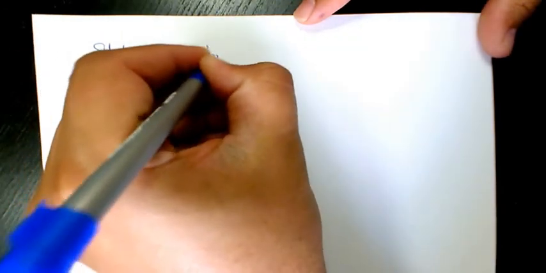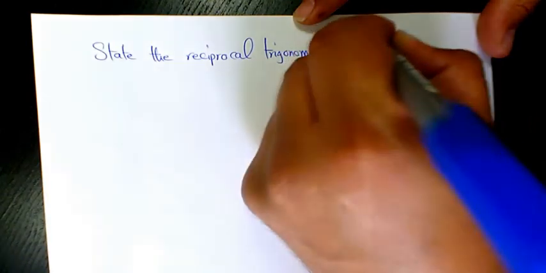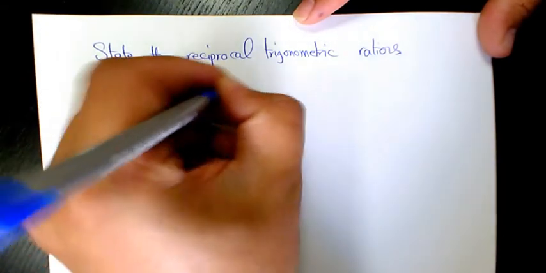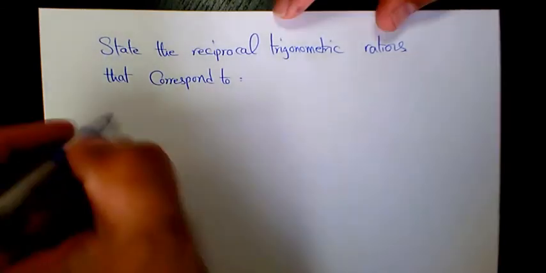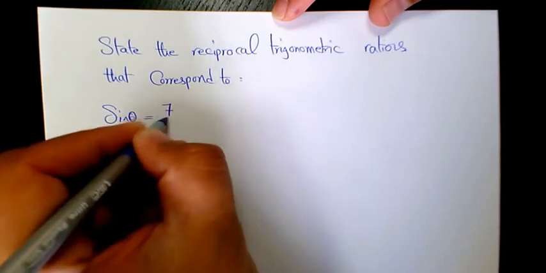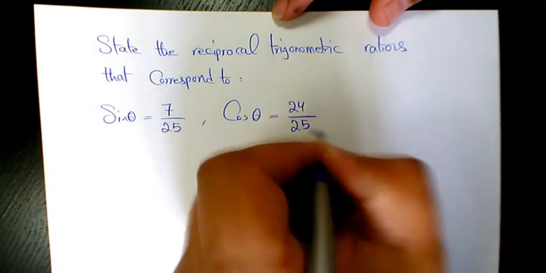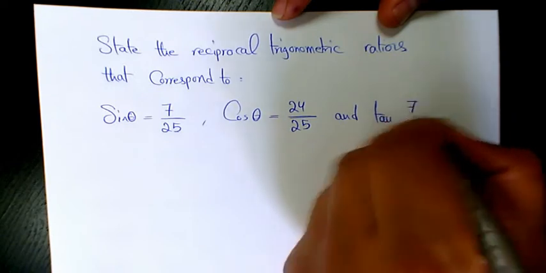Next example. State the reciprocal trigonometric ratios that correspond to sine theta is 7 over 25, cosine theta is 24 over 25, and tan is 7 over 24.